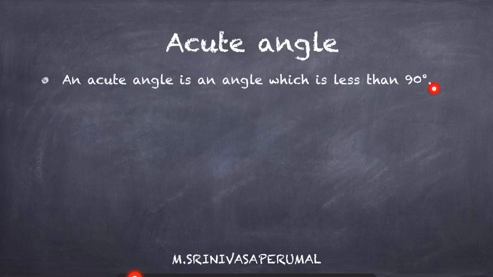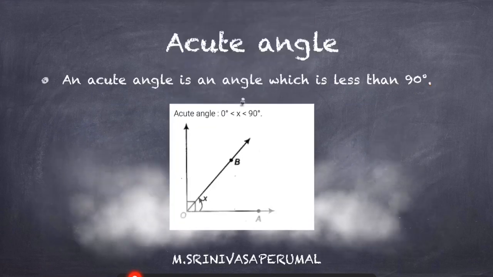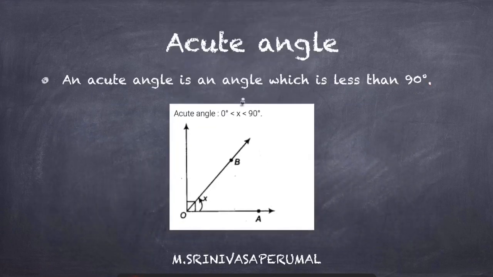Consider 40 degrees, 45 degrees; these are some examples. Consider the given example. This is 90 degrees. The point is moving any distance in between these two, so the angle is less than 90 degrees only, like 20 degrees, 30, 35, any value.